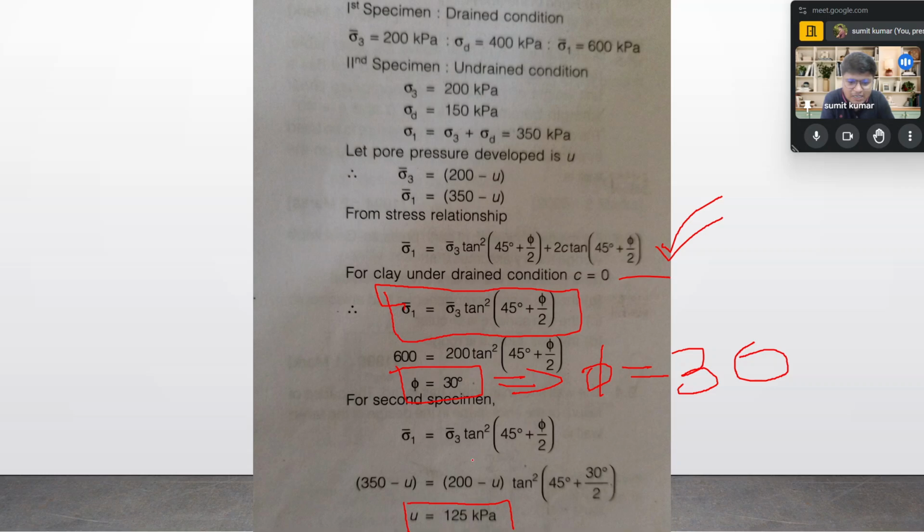The value of u is calculated by putting all the values, because only u is unknown over here. So you are able to find the value of u as 125.